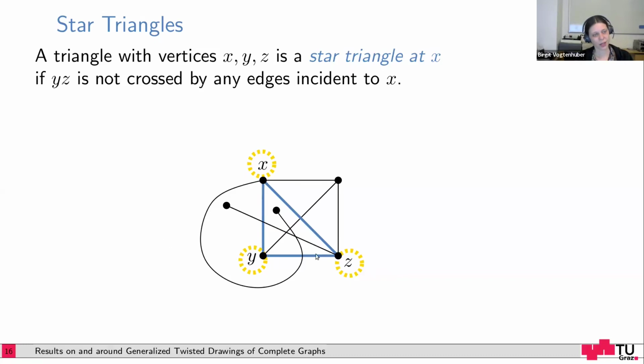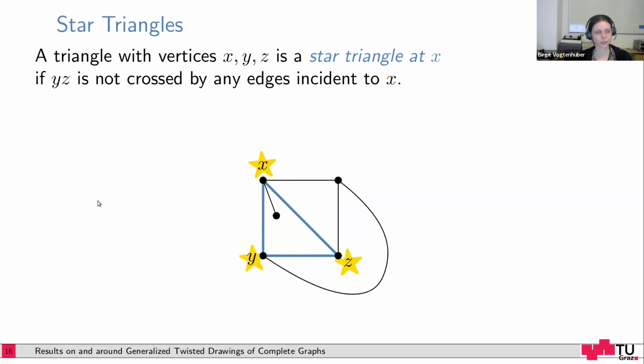And this triangle, meaning here the interior of the triangle, and also the exterior, because the crossing properties are the same. So if I look at the boundary of the triangle, no matter whether I look at the inside or the outside, the crossing properties are the same. This would be an example of a triangle that is a star triangle at all 3 vertices.